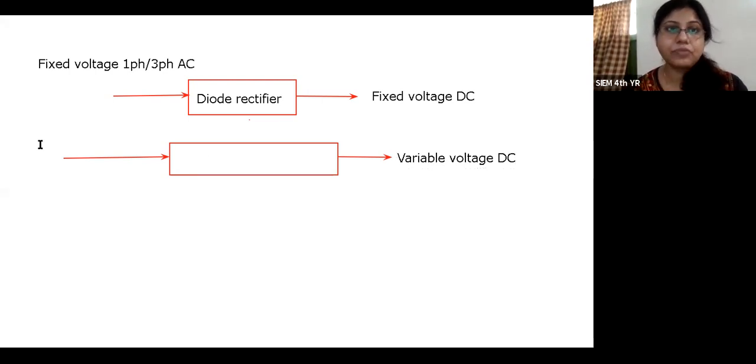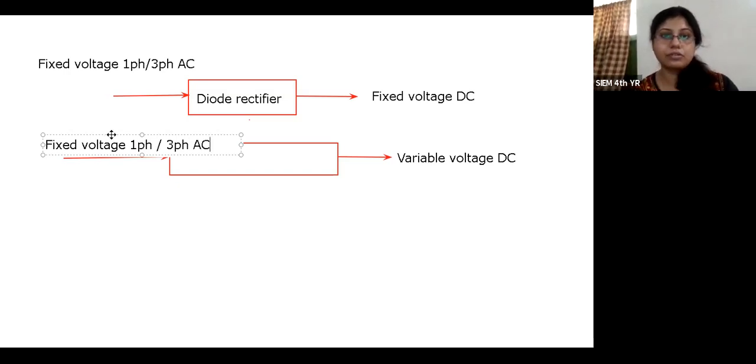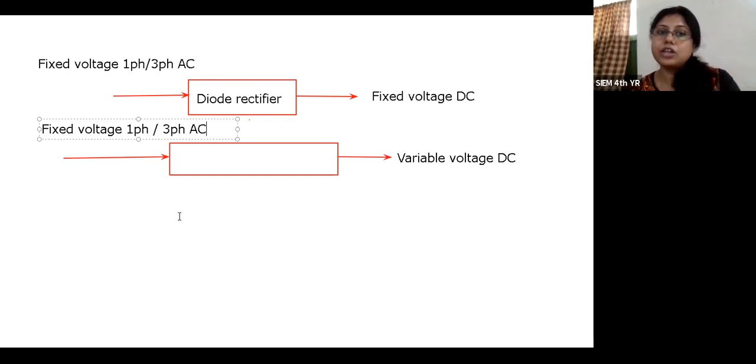but in the input side we have fixed voltage single phase or three phase AC. So in this case, which kind of circuit can we use as a power modulator? I am telling you, it is a controlled rectifier, because you can see that in the output terminal, as per our motor requirement, we want variable voltage DC, but in the input side we have fixed voltage single phase or three phase AC.